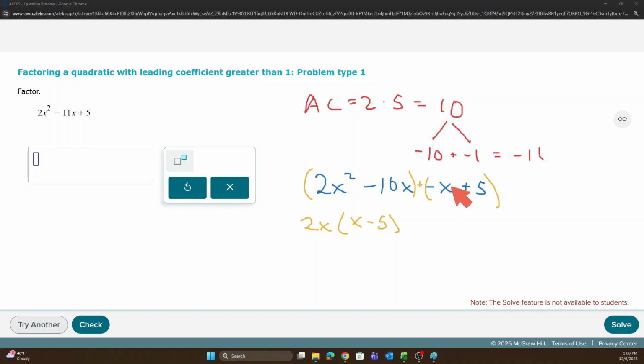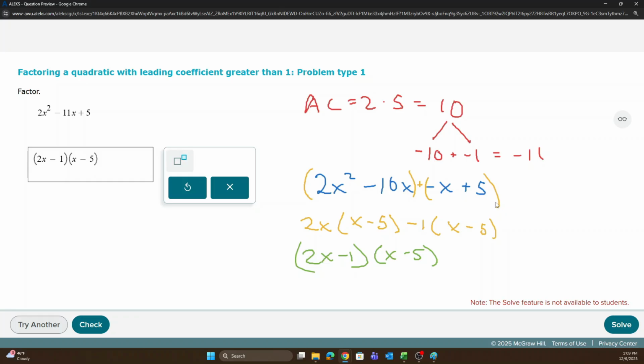And then when we factor out a negative, minus 1, from both of these, we end up with an x minus 5 here. Now let's go ahead and finish this off. 2x minus 1 times x minus 5, and that'll give us our answer. 2x minus 1 times x minus 5.